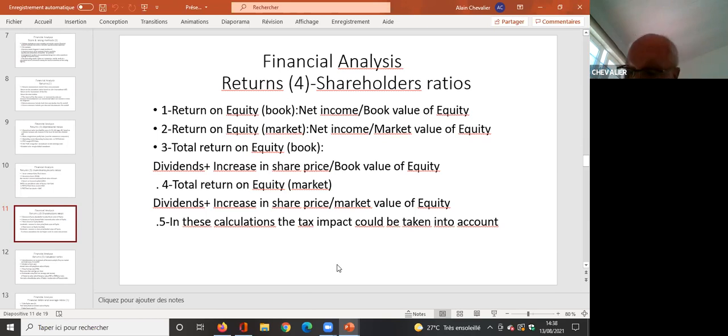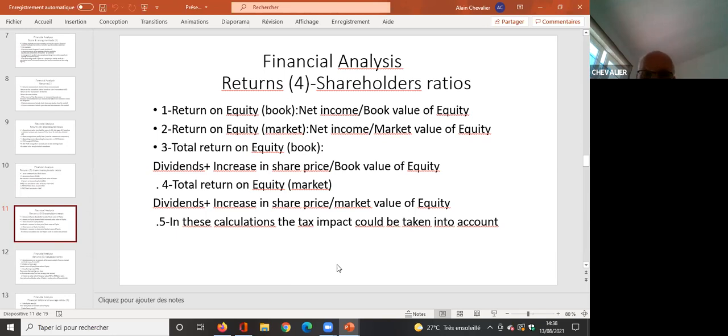We know market value in two cases only. The first one being the case of a firm listed on the stock market, and the second one, if we have information on a recent acquisition or sale where the bidder or the target had to calculate the market value to find a price.